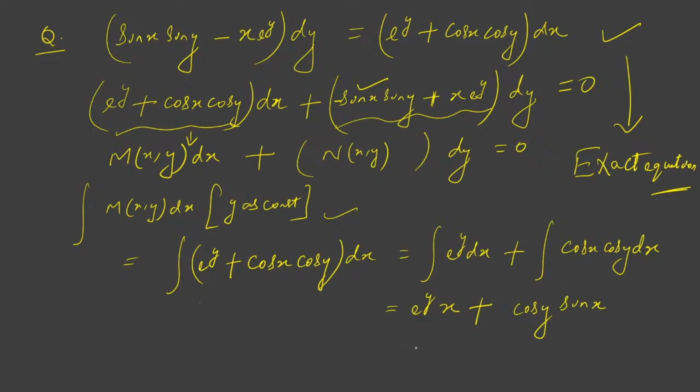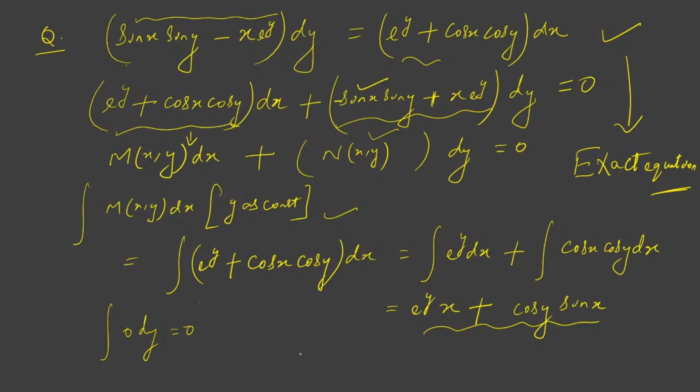Then next, you have to integrate n of xy only those terms that do not contain x. But in n of xy, in each term the x variable is involved, right? So you can just put it as 0 dy, so that is again 0. So you have to equate this term to a constant c, and that will be the solution of your equation.